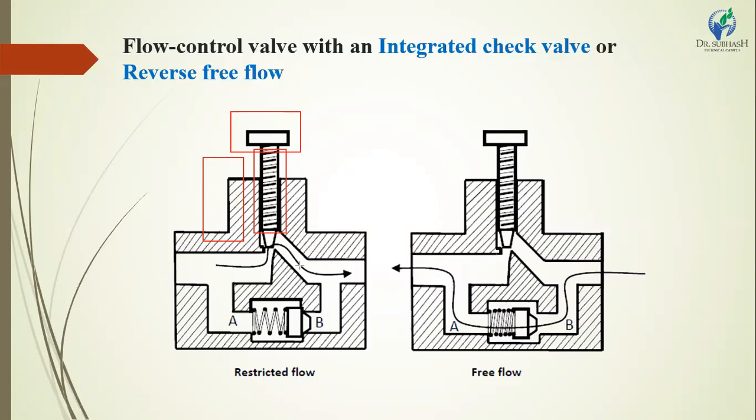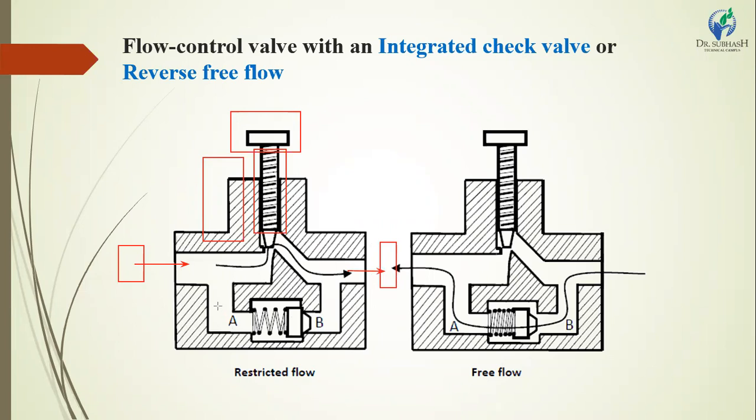The arrow direction mentions the flow path: this point is the inlet and this point is the exit point. The inlet is directly connected to a hydraulic pump or any hydraulic working system, and the outlet is connected to a hydraulic working system where we have load and unload conditions of the hydraulic circuit.